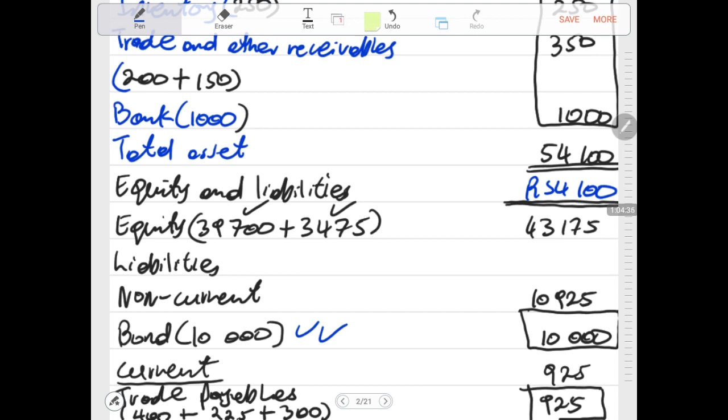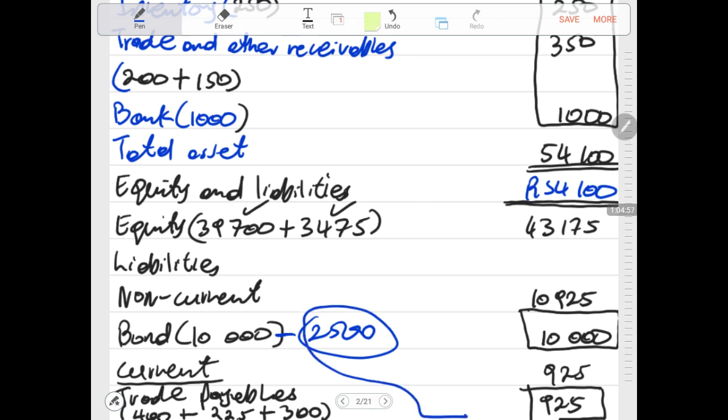But had they told us, maybe if they said that 2,500 of the bond will be paid next year, then I would have to say 10,000 minus 2,500, and the 2,500 would have to come to the current liabilities as the current portion of the loan.